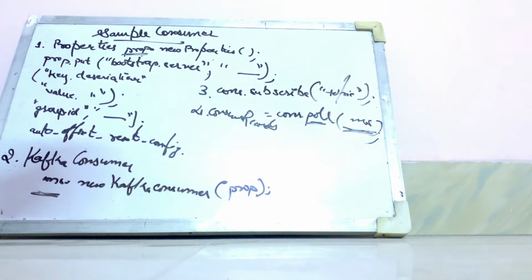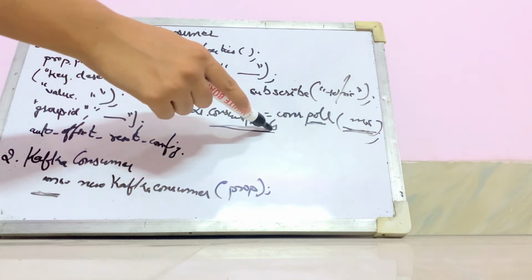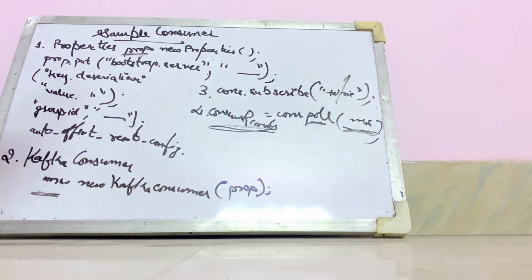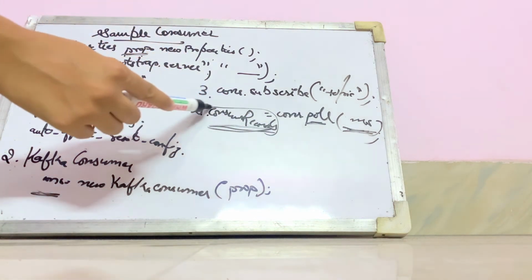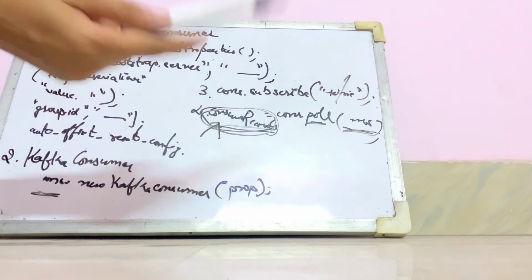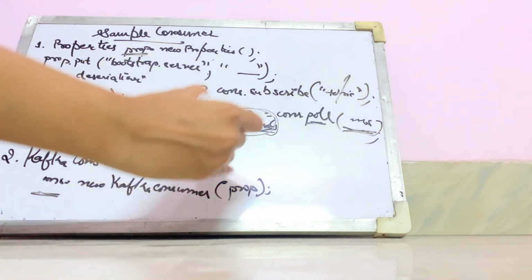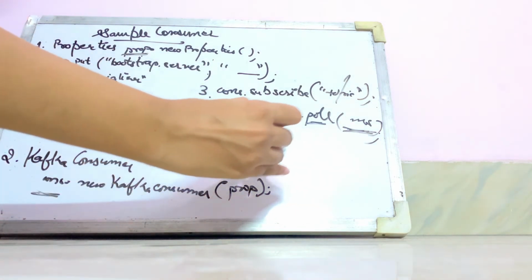It returns the consumer records object, which will have all the messages taken from the partition. Once we get these consumer records, we will iterate over them and print all our messages. So the fifth step will be to print these.